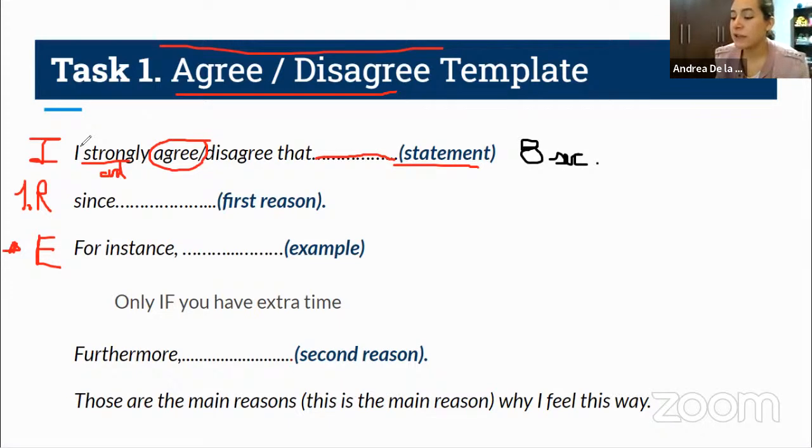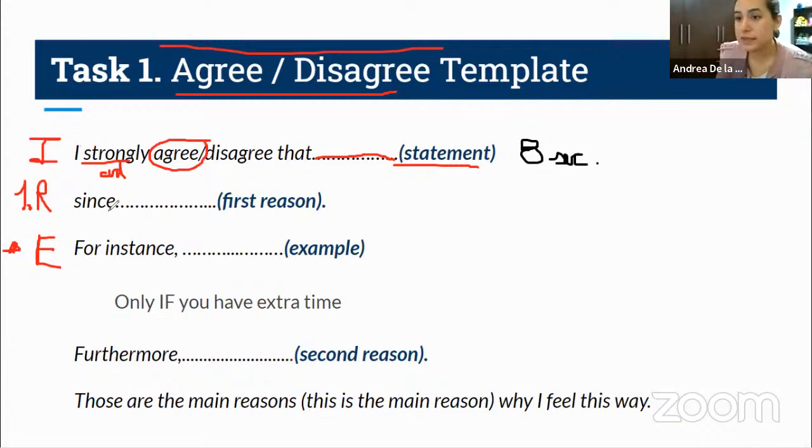If you say first of all, to start, to begin with, any of those transitions, you're implying that there's more than one reason. When you say first, that means there has to be a second. And if you run out of time and you don't get to say the second reason, it's going to sound incomplete. So don't say first, or first of all, or to begin with, or anything like that.